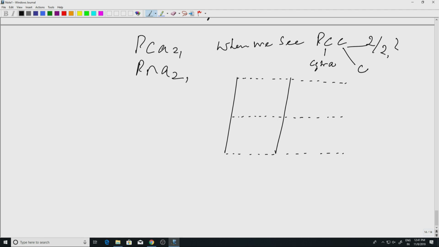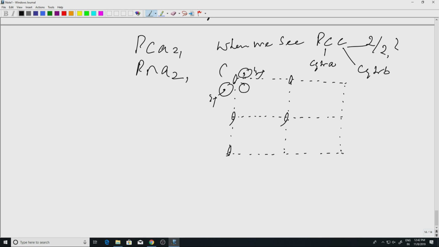Okay, again C glide perpendicular to B. So this gets reflected, it is reflected here and goes by half unit. This is getting reflected, goes by half unit. Now we can see that these two are related by a two-fold.